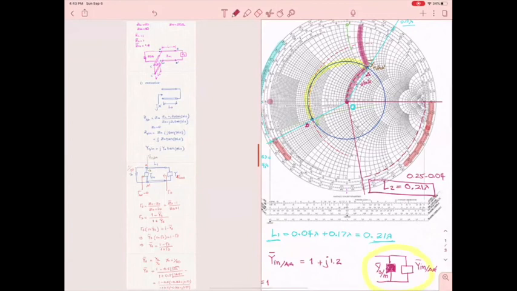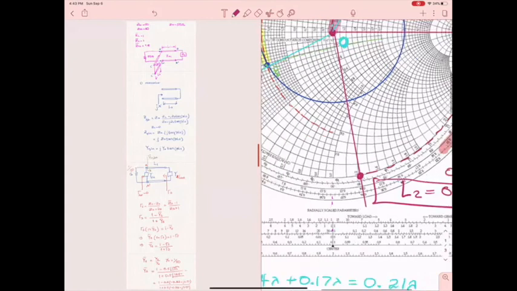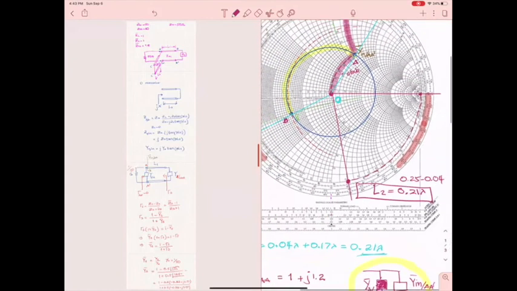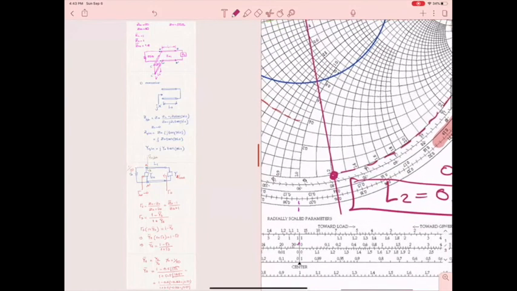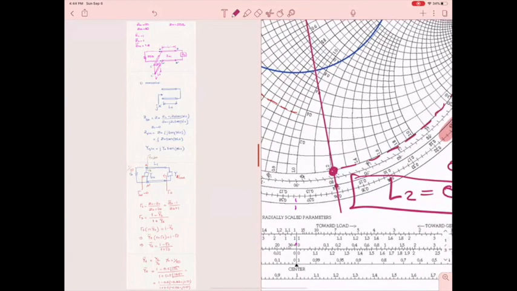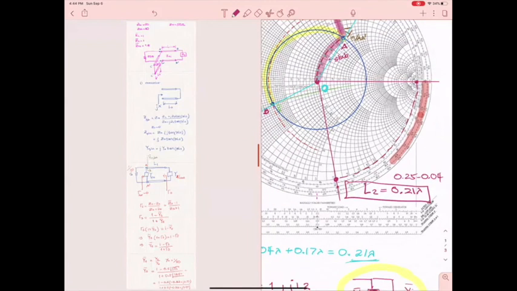Okay, here. And in this case that is 0.12, so the distance. And here we measure 0.14, close to here. All right, so this is 0.14. Am I right?